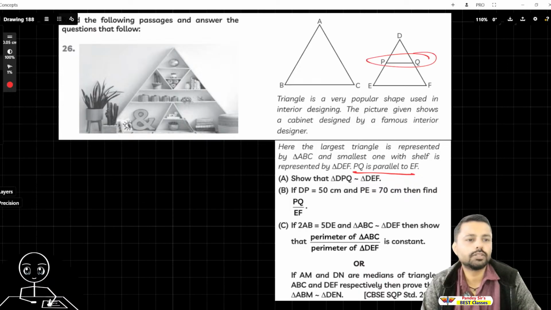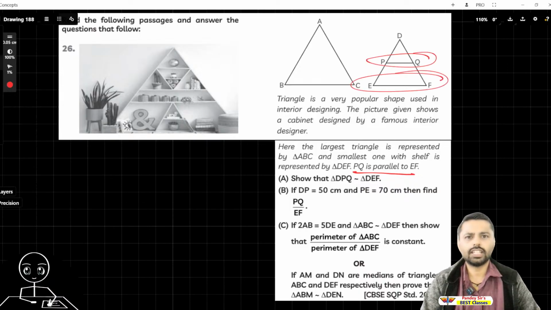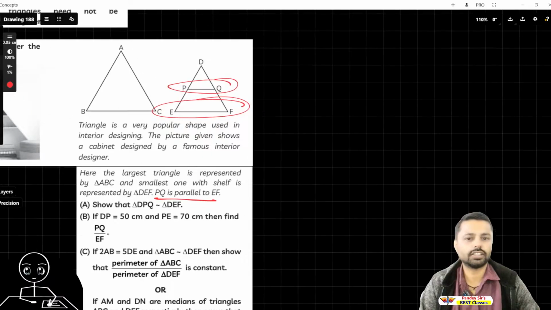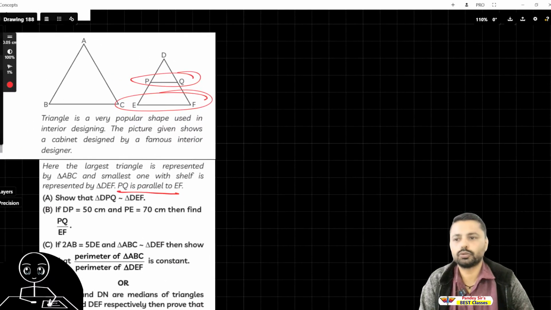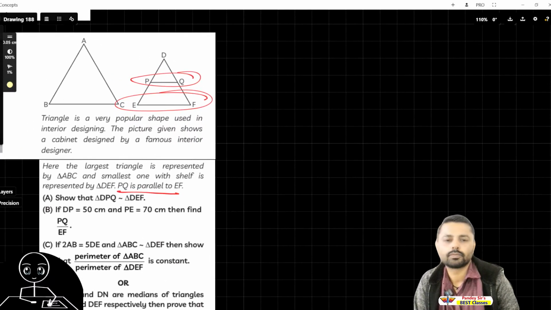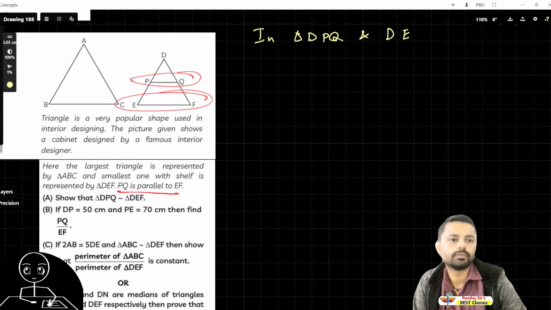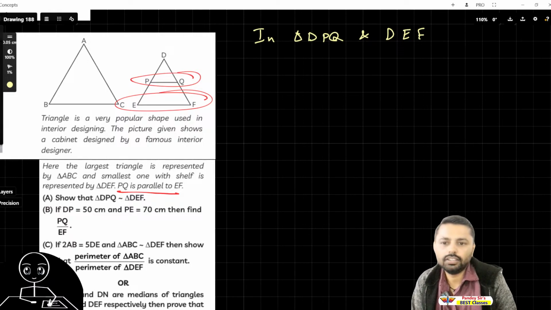So PQ is parallel to EF is already given. Okay, that's very easy. So in triangle DPQ and triangle DEF, as they are parallel, so it is given.